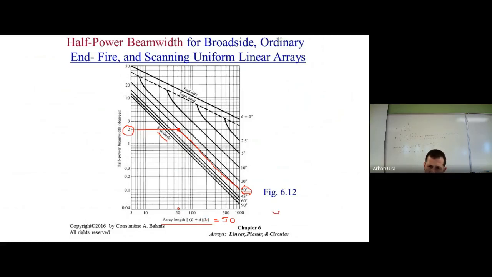Then, if d is equal to lambda divided by 2, half of a wavelength, what should L be? L should be equal to 50 lambda minus 0.5 lambda, which makes 49.5 lambda. So this is going to be the length scale of the antenna, given the specific numbers we mentioned.